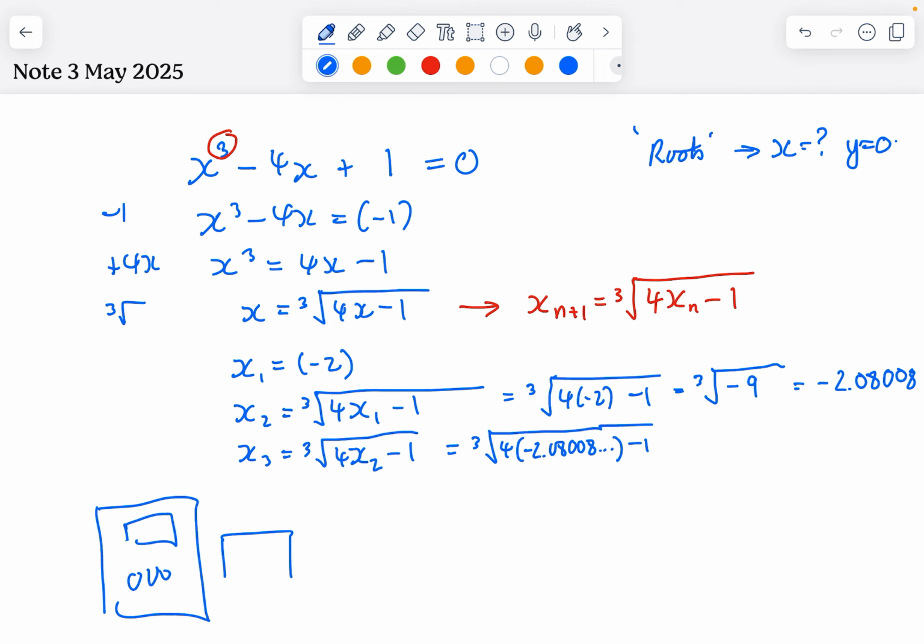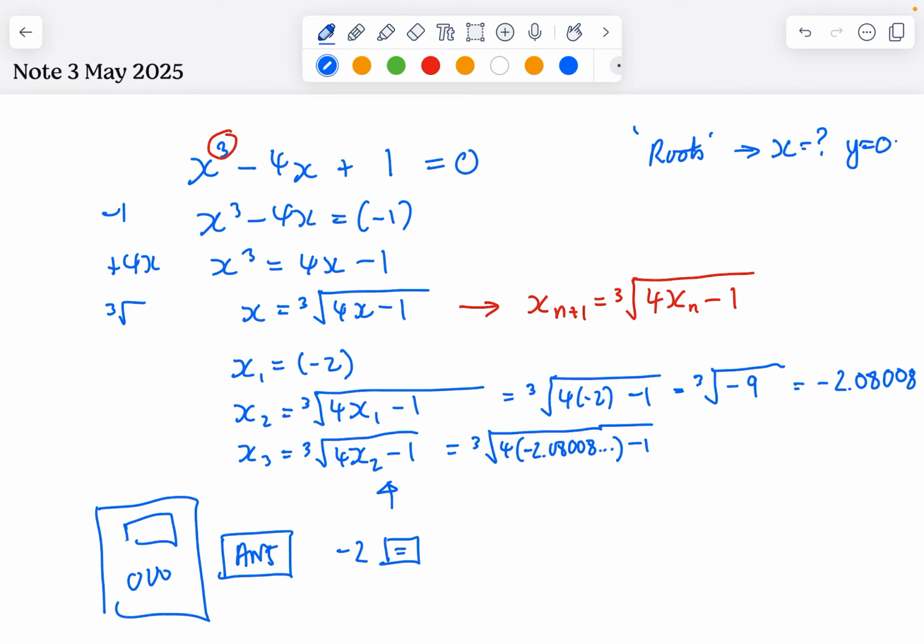Okay, and the answer button is the key thing here. So what we need to do is we put minus 2 in and then press the equals button on our calculator. By doing that, it stores it as the answer. Now, what we're going to do is we're going to put this recursive sequence into the calculator, and we're going to put it in this way.